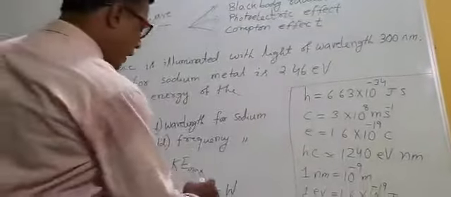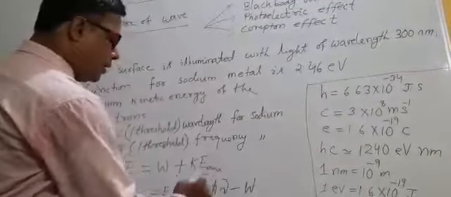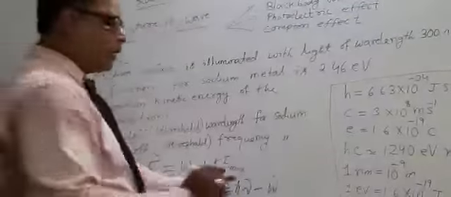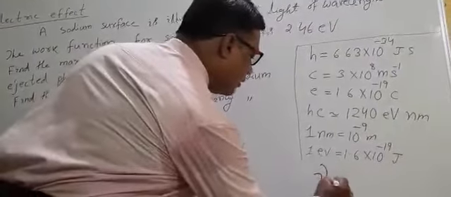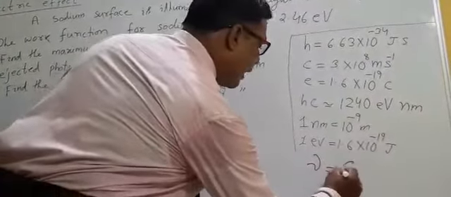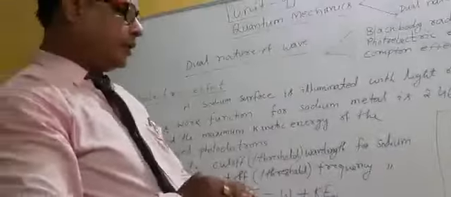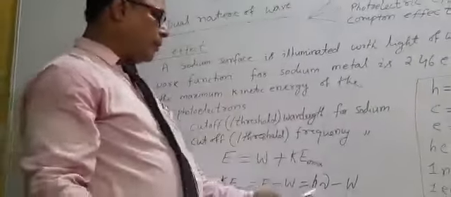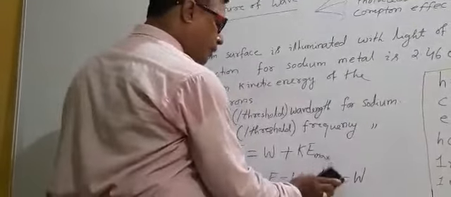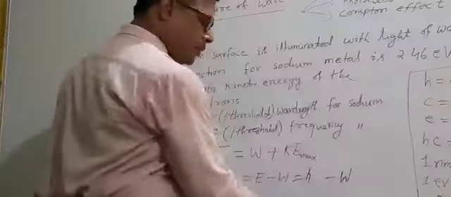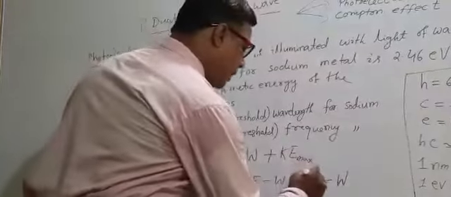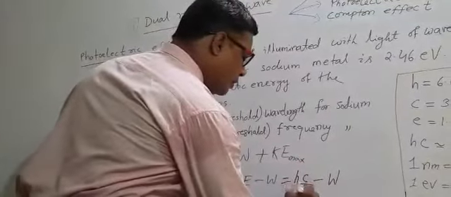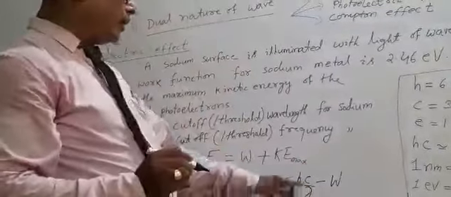So h nu, again you can find nu as c by lambda. You know frequency and wavelength are related by nu is equal to c by lambda. So in place of nu you can write hc by lambda.